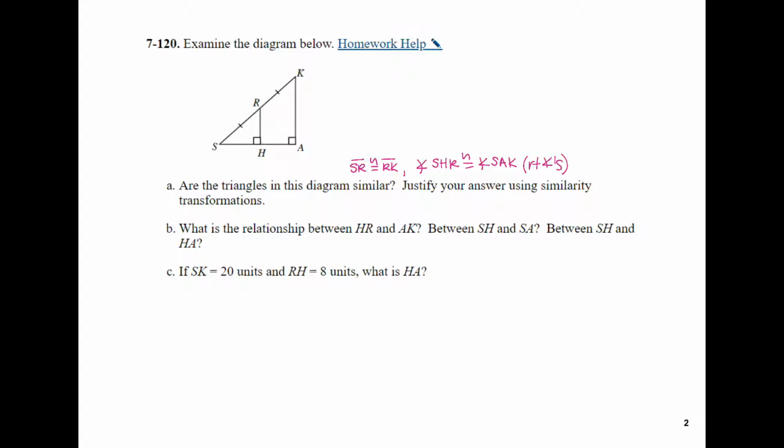We then can state that SR is half of SK, so SR times 2 would give us the length of segment SK.